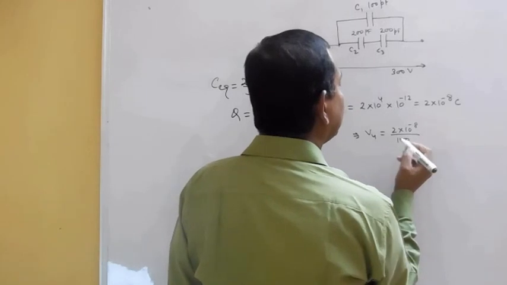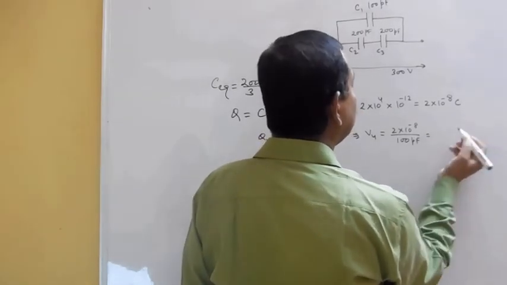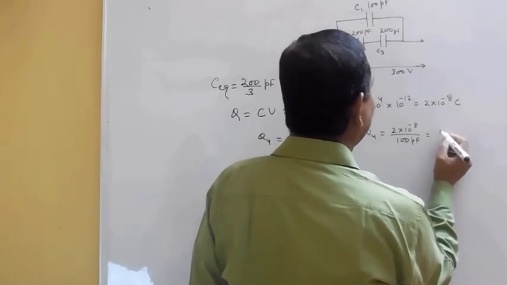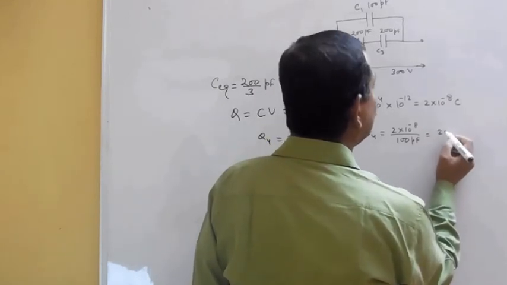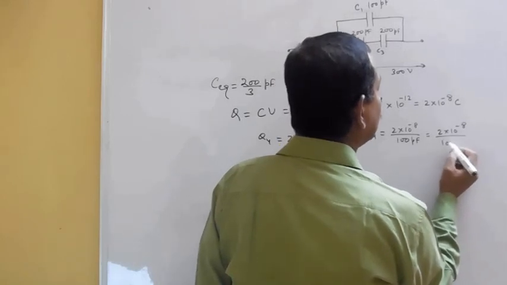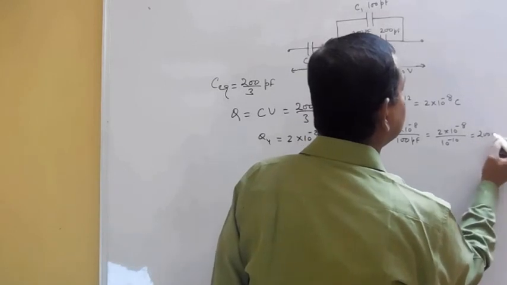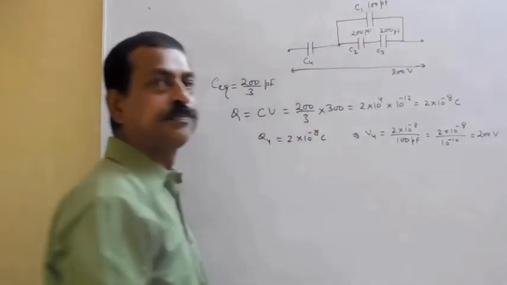Its capacitance was 100 picofarad. So this will give 2 into 10 to the power minus 8 by 10 to the power minus 10, which is 200 volt.